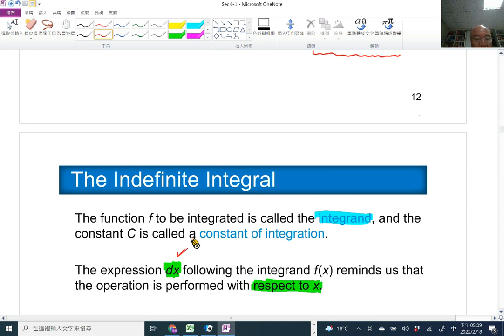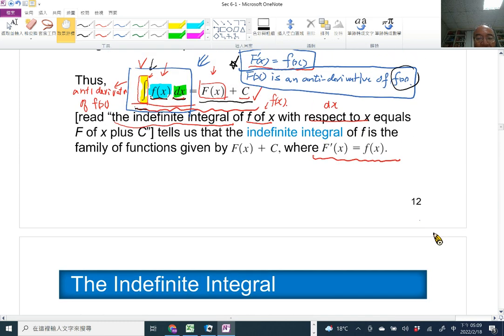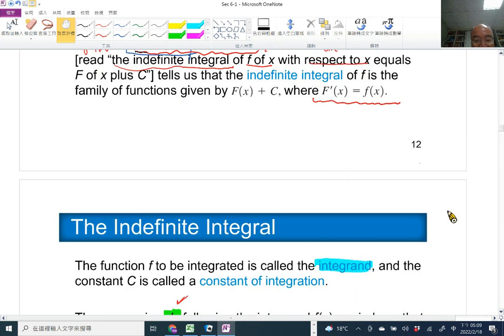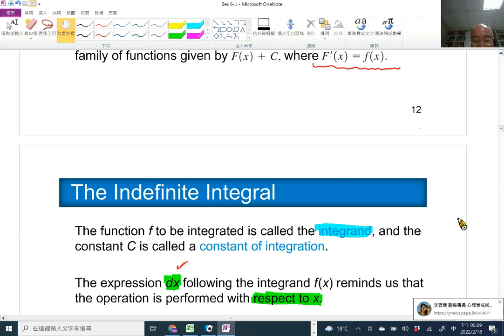In that situation, we have to specify which variable we deal with. And the constant c is also known as the constant of integration.